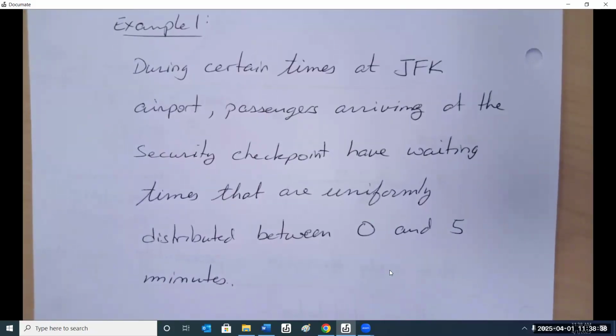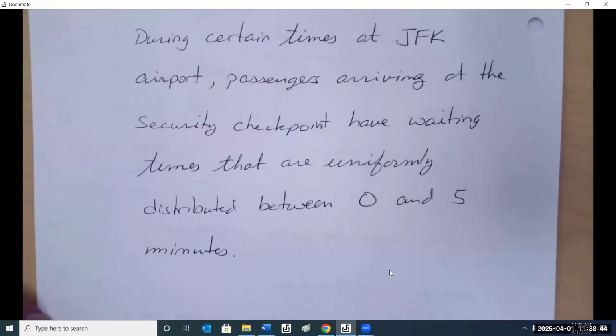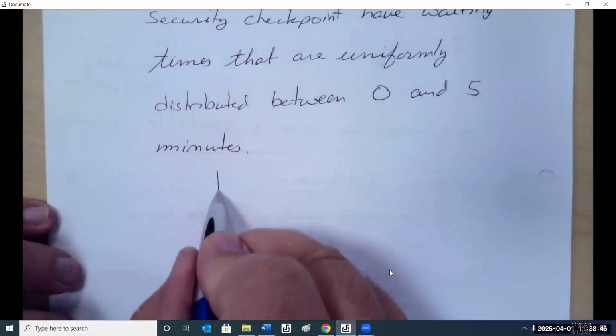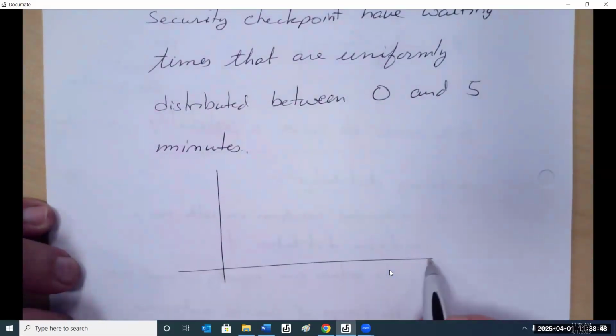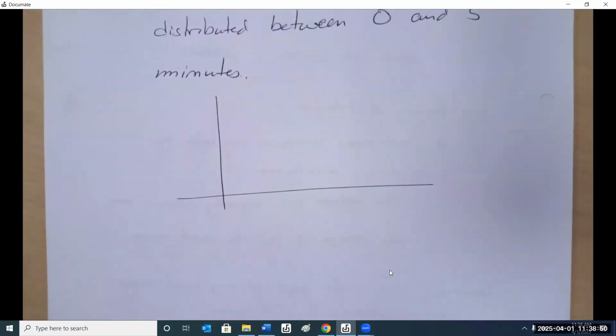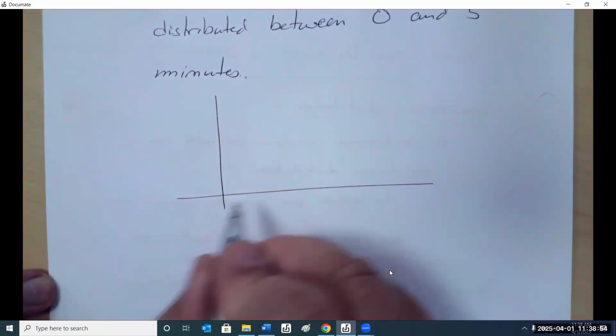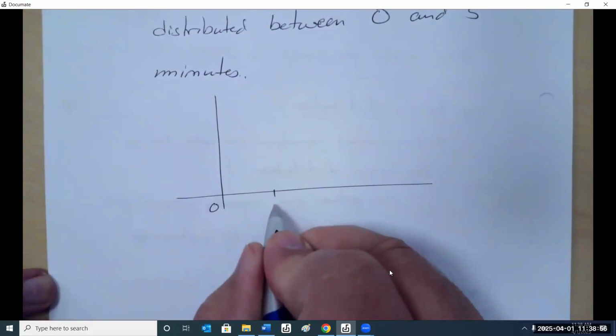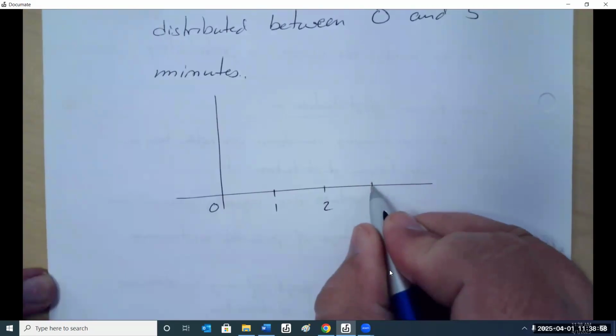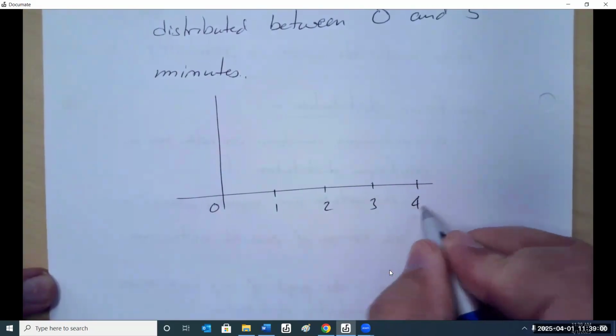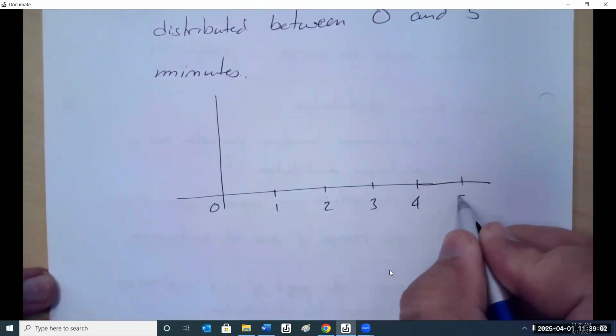How do we represent that in a graph? So you start off at 0, then you go to 1, 2, 3, 4. How far do I go?